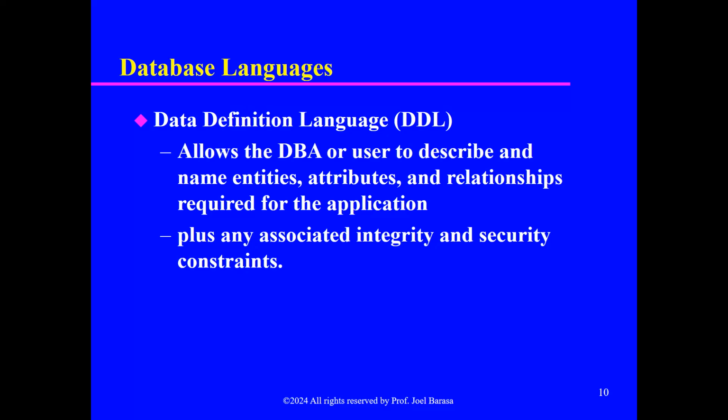So all these are attributes that help to describe the entity, which is a lecturer. If it is about books, there is ISBN, the book title, the book ID, the author, and so on. Plus any associated integrity and security constraints are also defined within the DDL level.